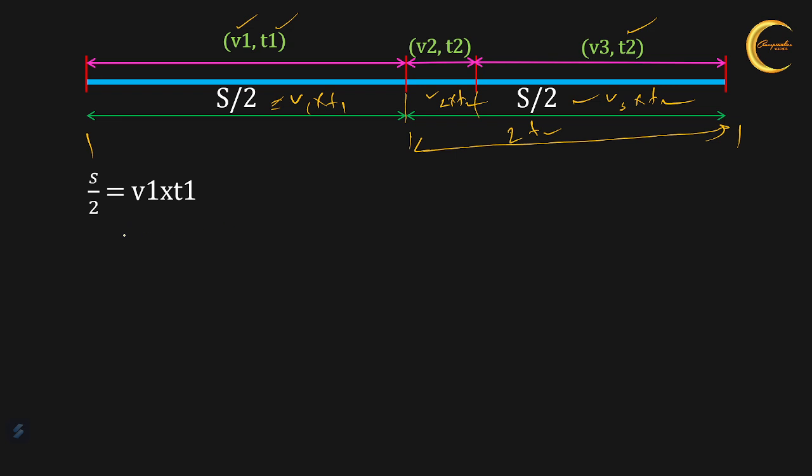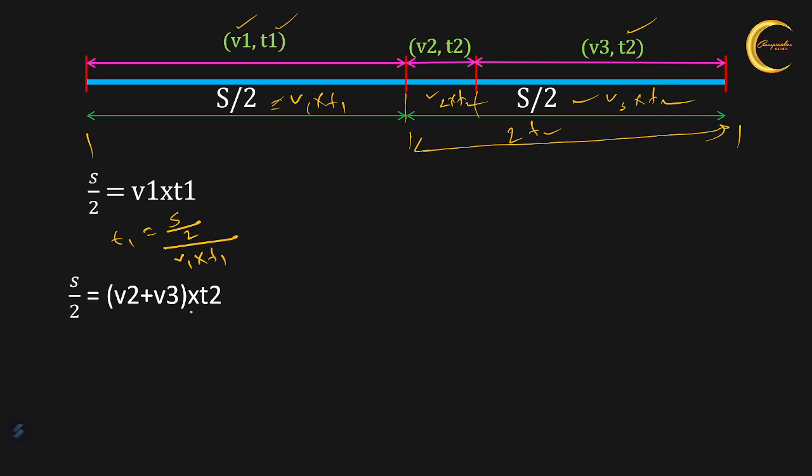So we have to eliminate t1 and s. I can write t1 equals s by 2 divided by v1. It is very easy to understand. Next is the other half of the distance, which means v2 plus v3 into t2.